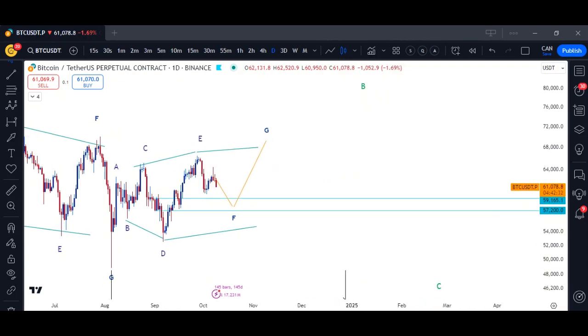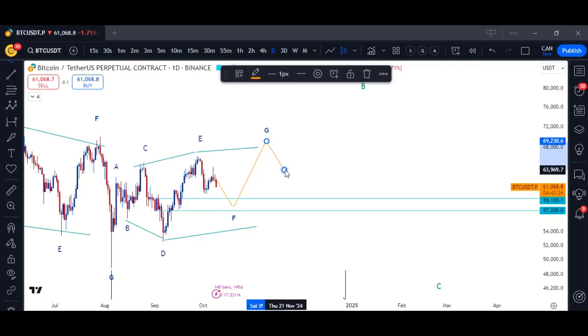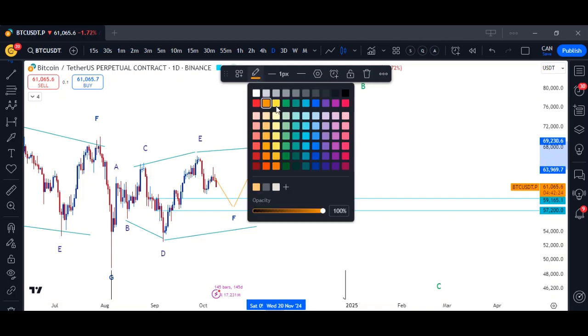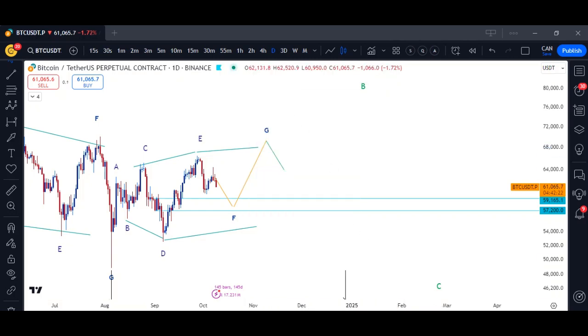Now, this could be a wave X, probably, getting combined here. And this wave X could be our connection to the next pattern. And what could that be?